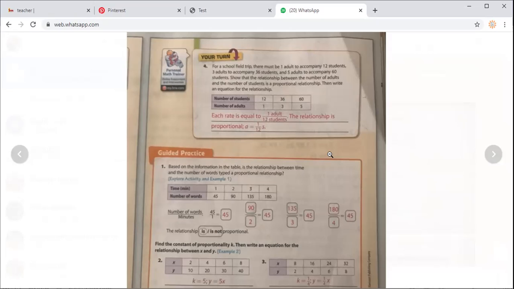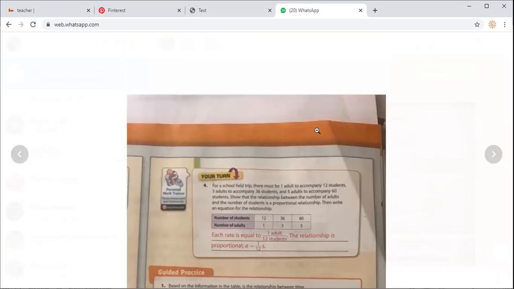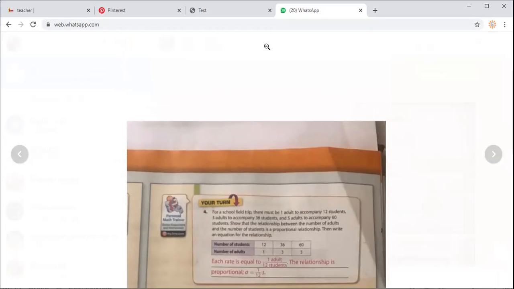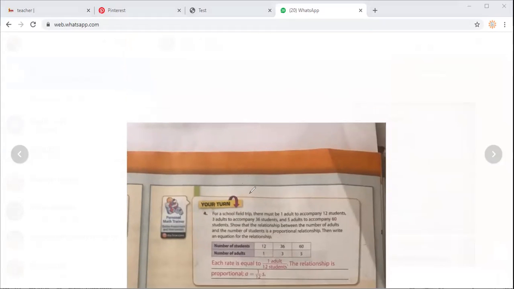It gives us the table representing the number of students and the number of adults. Then how will we find that this relation represents a proportional or not? How will we decide, grade 7?